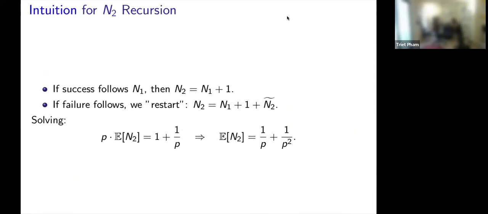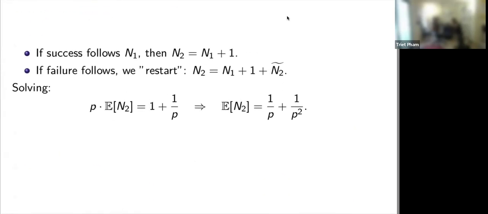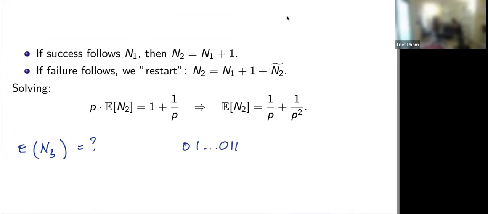So now, just to see if we understand this, if we have to find the expectation of N3, meaning the time to first three consecutive successes, how would we do the analysis?